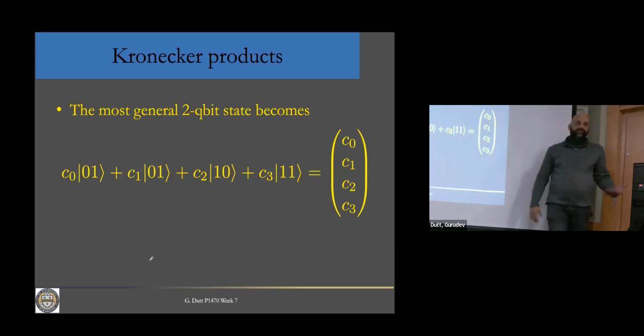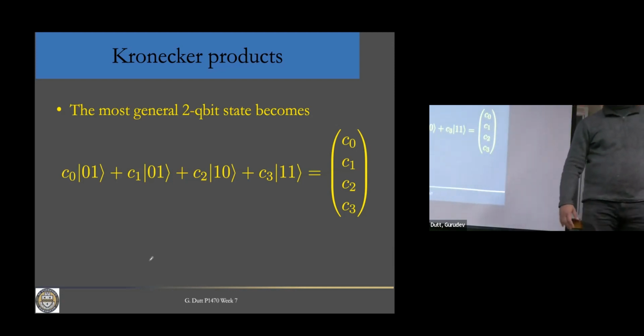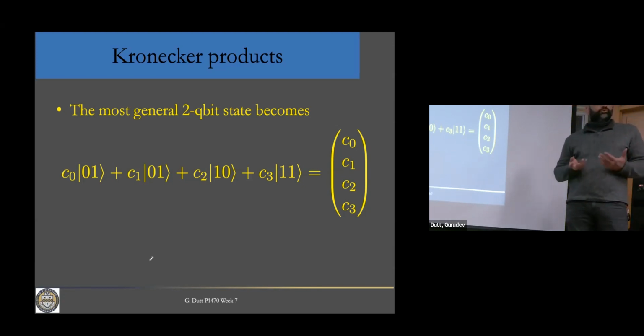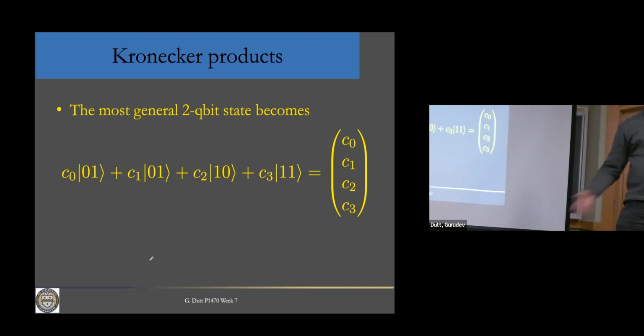It's a matrix or a vector, whatever you want to call that, which we just write in this way. Okay. So we are expanding the dimensions of our Hilbert space, right? A qubit was 2 dimensions. 2 qubits is obviously now 4 dimensions. And that's why we have a 4 by 1 column vector over here.